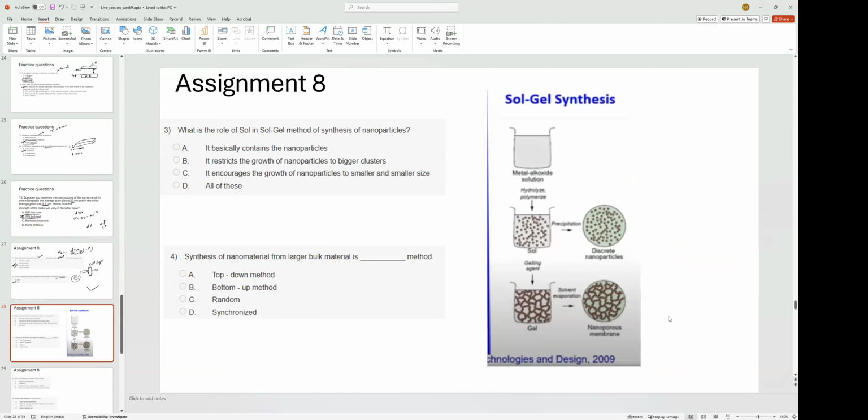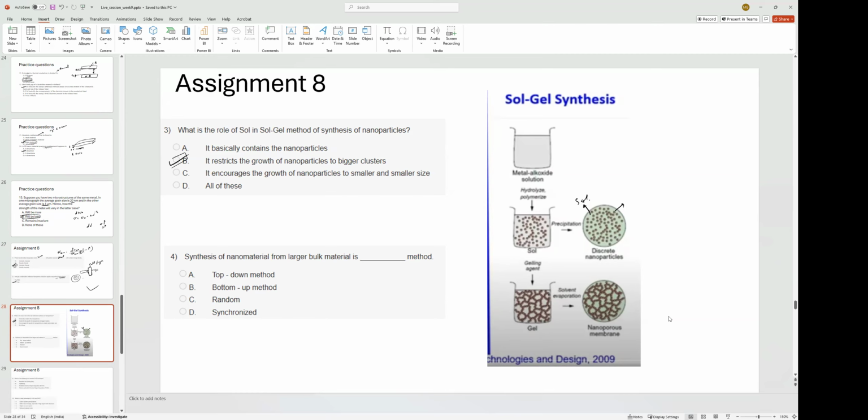You have your discrete nanoparticles. This is your sol. It prevents these particles from coming in contact with each other, and thus restricts the growth of these nanoparticles to bigger clusters. It's just preventing them from touching each other. If they're able to come in contact, sintering may start taking place and they'll grow to a larger particle.